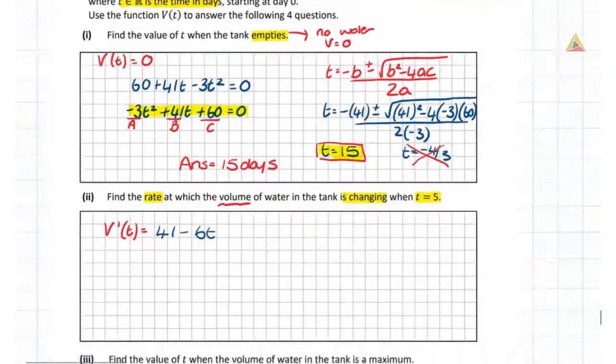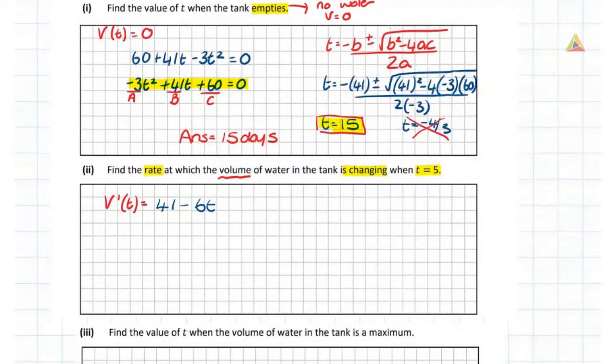And that is the rate of change, but we're interested in the rate of change when t is 5. So that's V dash 5 we're looking for. In other words, everywhere we see a t, we're going to replace it with a 5. So it becomes 41 minus 6 times 5, and that should give us 11.